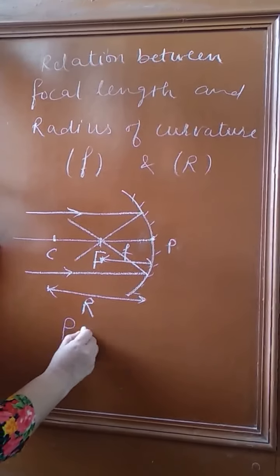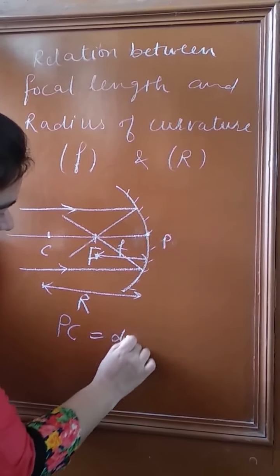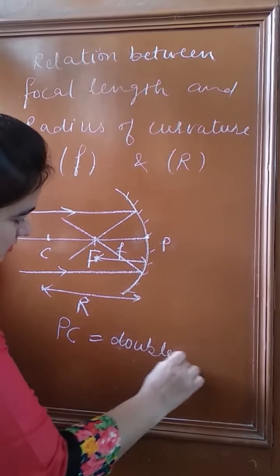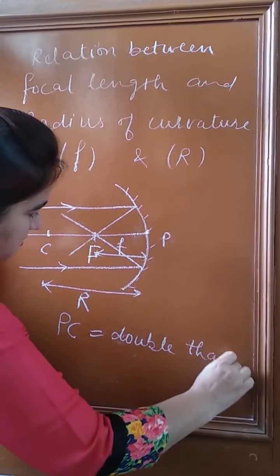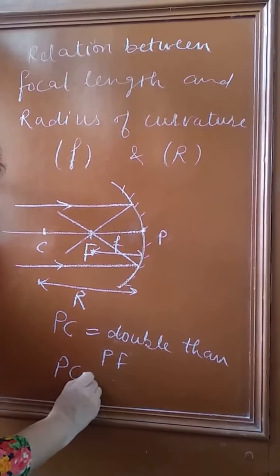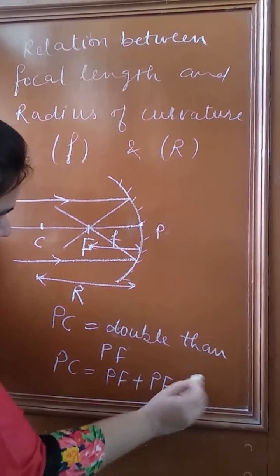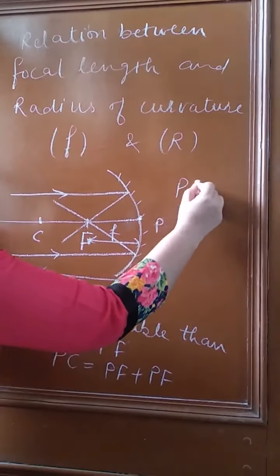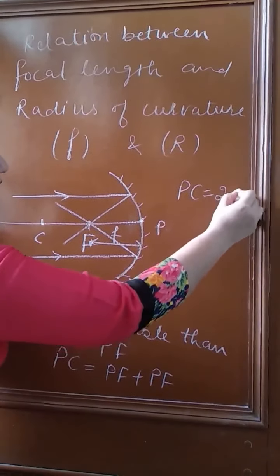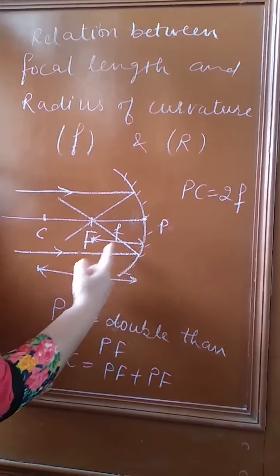PC is double PF. So, PC is equal to PF plus PF. It is equal to 2f because PF is equal to f.